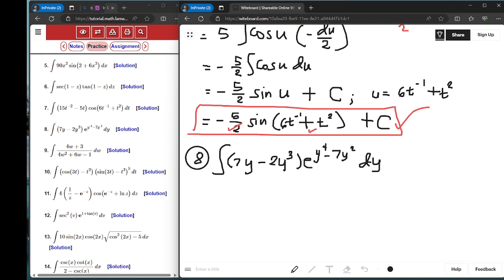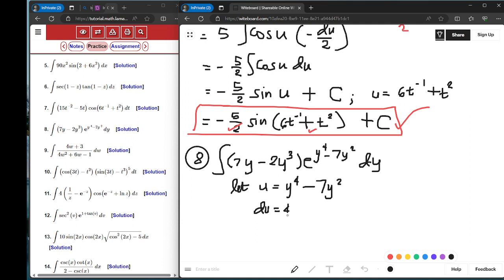Okay, so we cannot let e to the y to the 4th minus 7y squared be our u, but the exponent of e. So u is equal to y to the 4th minus 7y squared. Because if we check, the derivative of y to the 4th should be y cubed, and the derivative of y squared should be y. But let's check. Get the derivative.